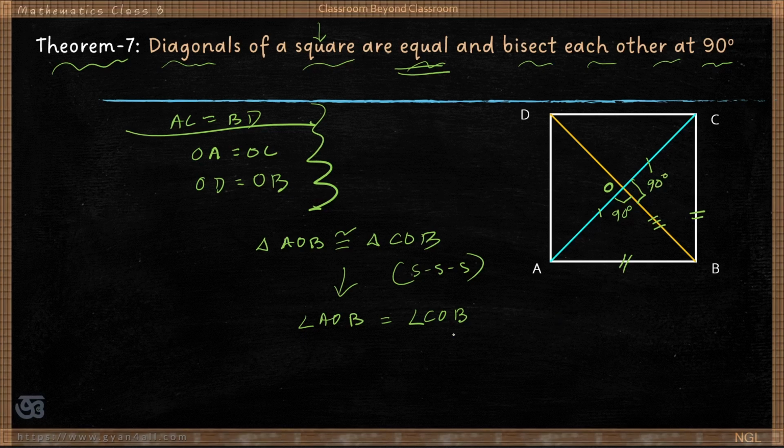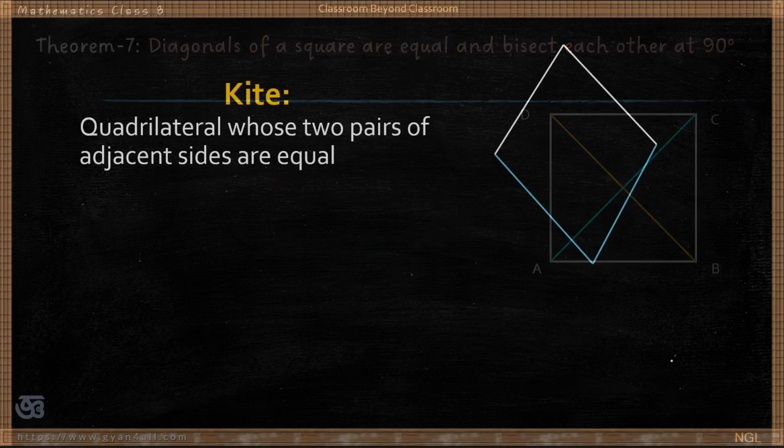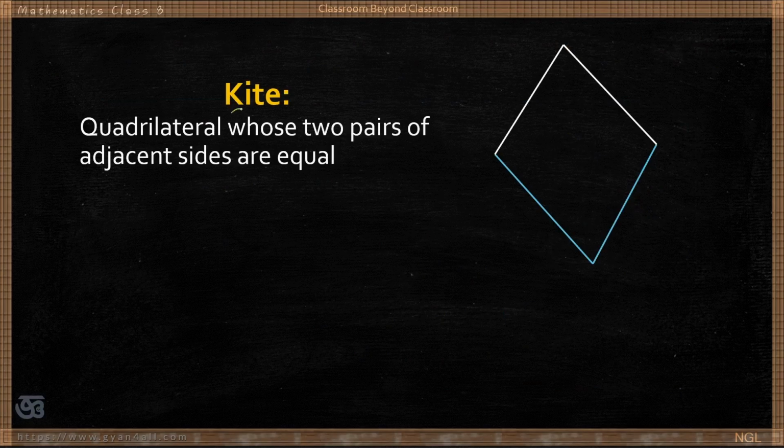They are supplementary angles, so this plus this is equal to 180 degrees. Then definitely angle AOB is equal to angle COB is equal to 90 degrees. Proved.